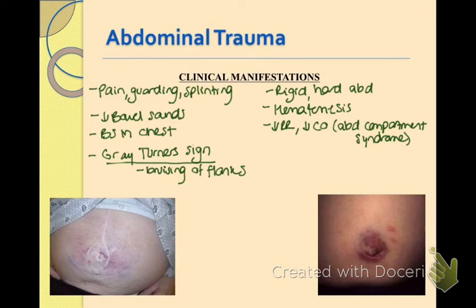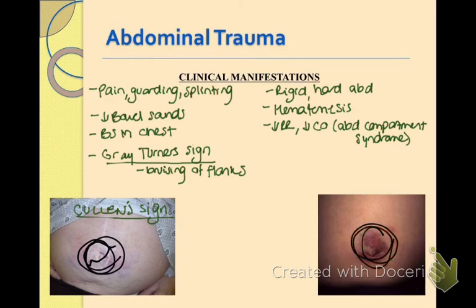So bruising on the flanks is Gray Turner sign. Cullen sign, I apologize, is the bruising around the belly. Both of these pictures represent Cullen sign. And that's blue discoloration around the belly. Those are both indicative that there might be some kind of internal bleeding.